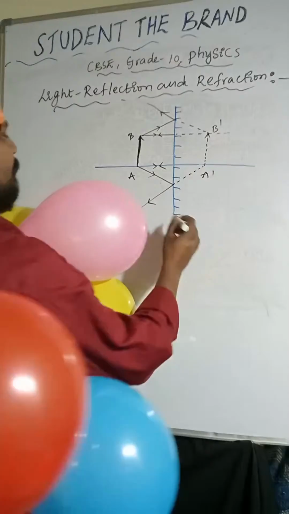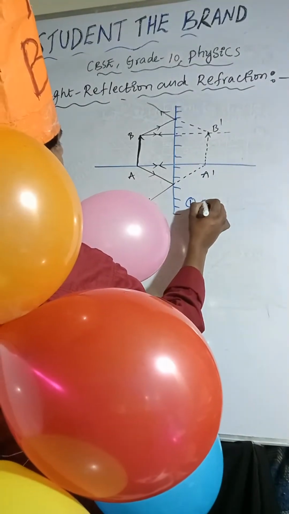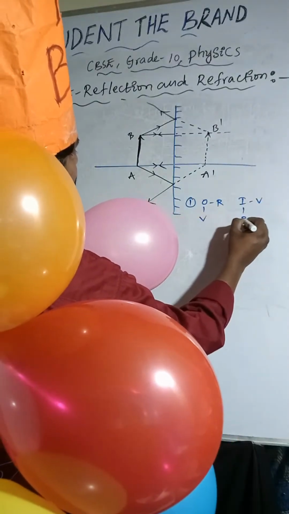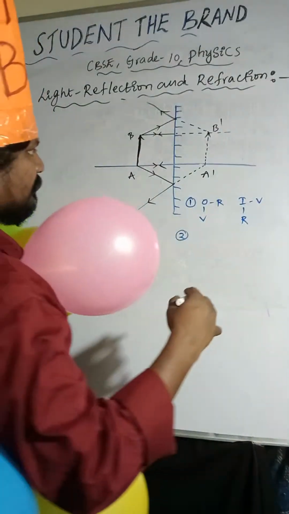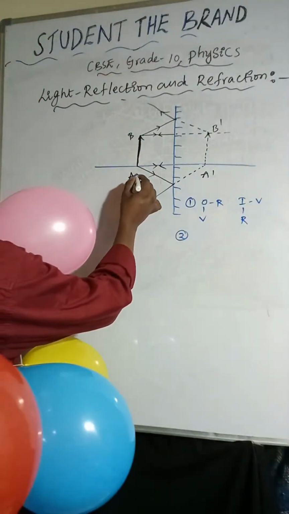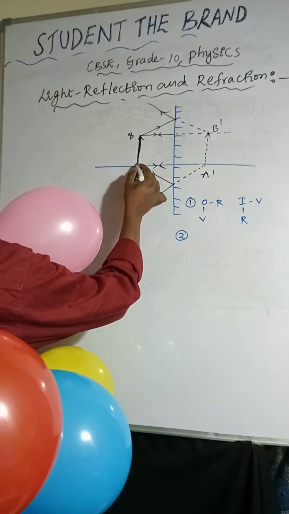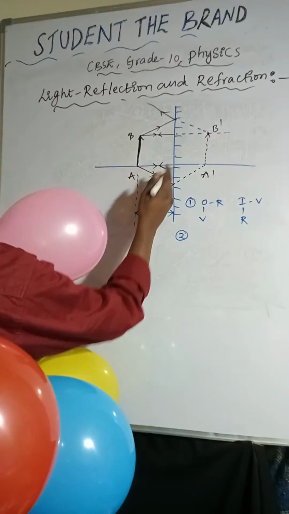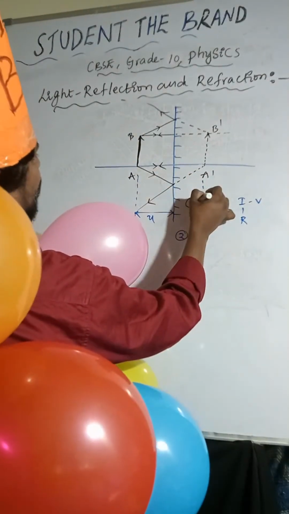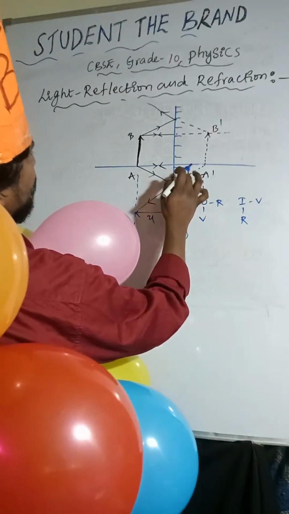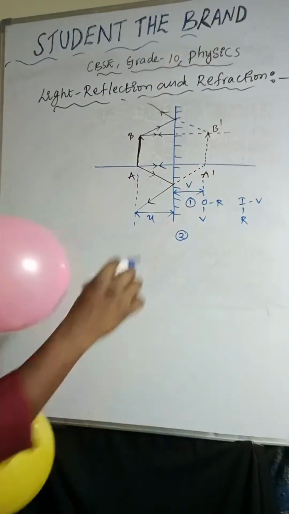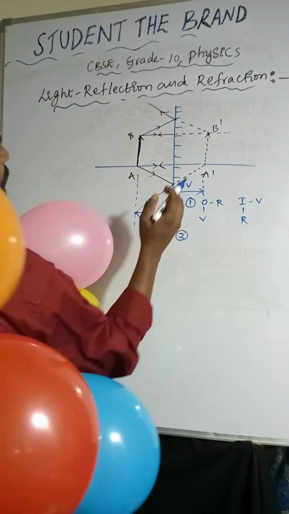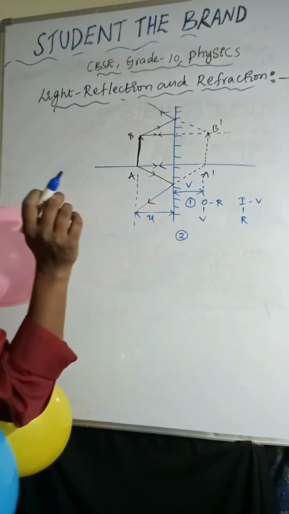Same thing. The first point is: object is real, image is virtual. Object is virtual, image is real. Point number 2: the distance between the object and the mirror is called the object distance, and the distance between the mirror and the image is called the image distance.